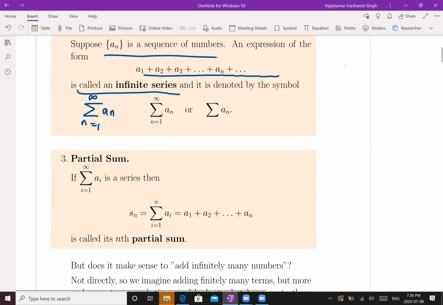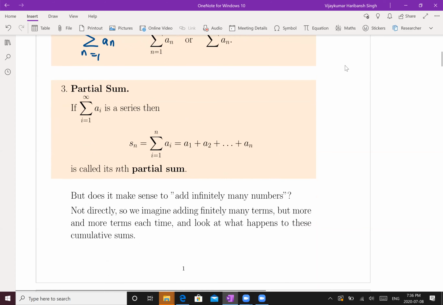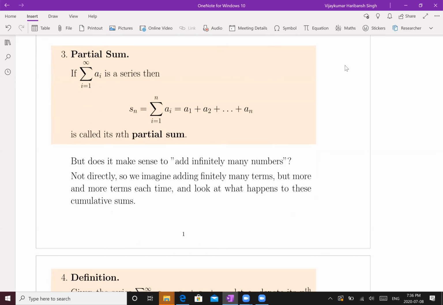So the idea is you start with the summation n equals 1 to infinity of ai as a series. You define what is called a sequence of partial sums.